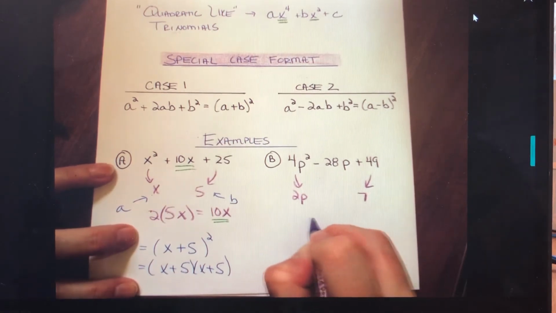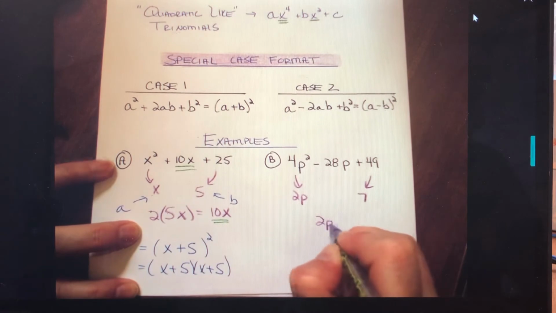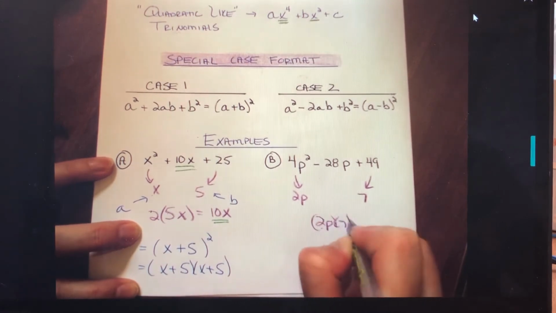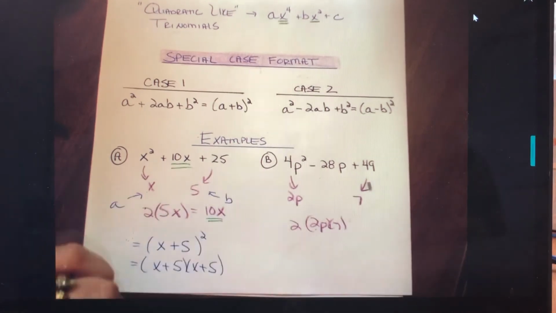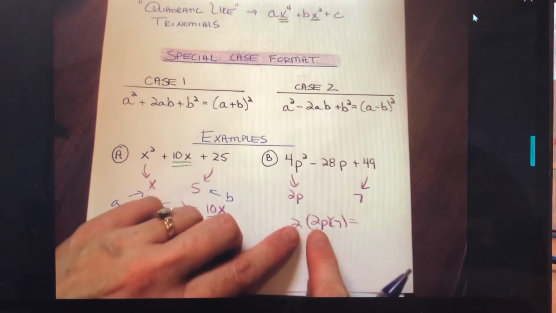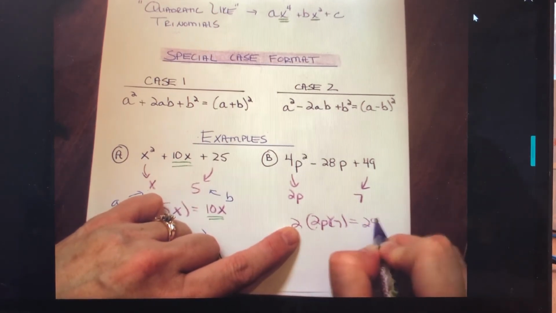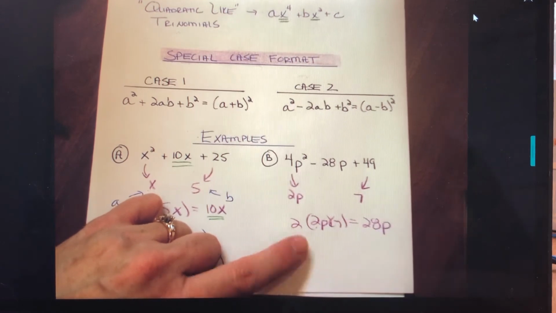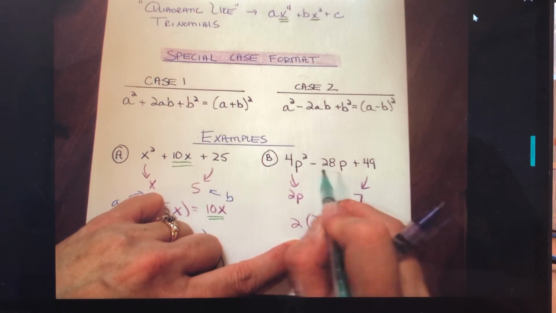And if I take these two, and if I multiply them together, 2p times 7, and if I double that, is that what is sitting in the middle? So 2 times 2 is 4, 4 times 7 is 28, and I have the p. So indeed, this is what is sitting in the middle here.